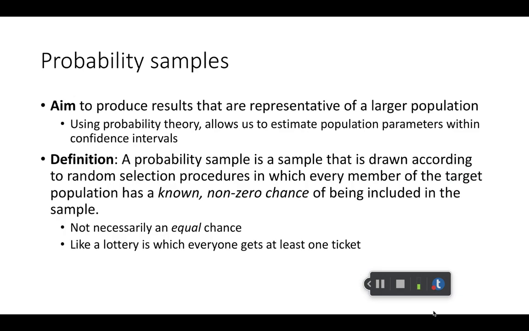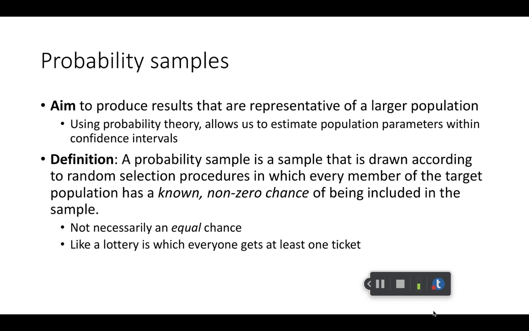Now, probability samples aim to produce results that are representative of a larger population. We use probability theory to do this, and this allows us to estimate population parameters within certain confidence intervals. Here's a formal definition.